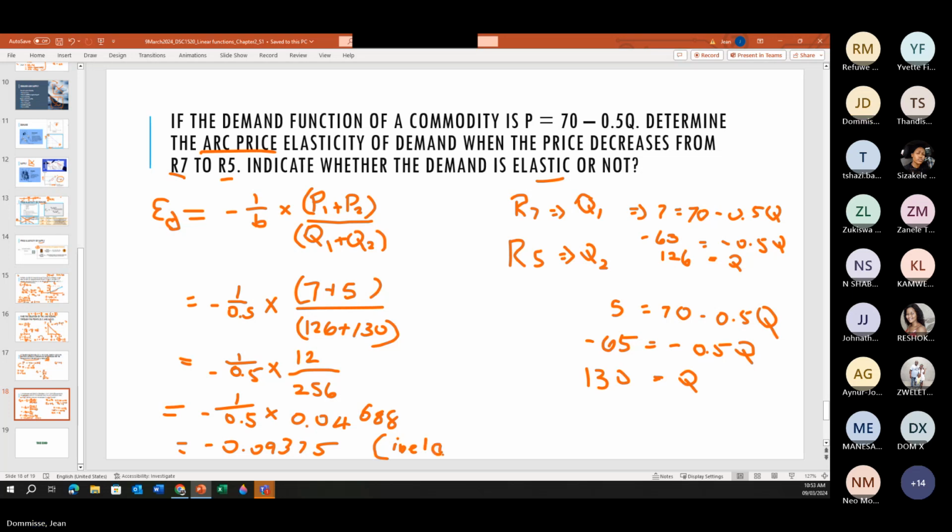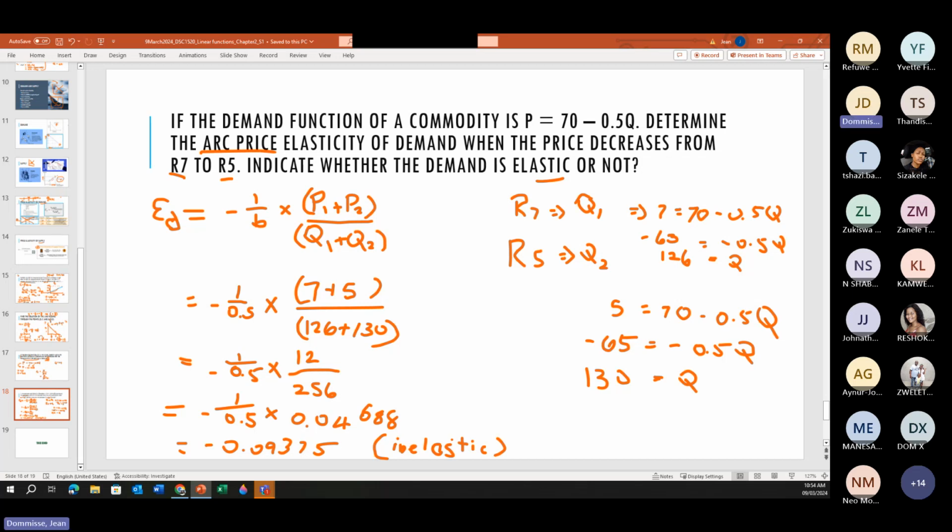In assignment 1 already there might have been things like that, where they've given you that you need to work out the elasticity, and then they could have said one of the options is minus 0.09375, it's elastic.